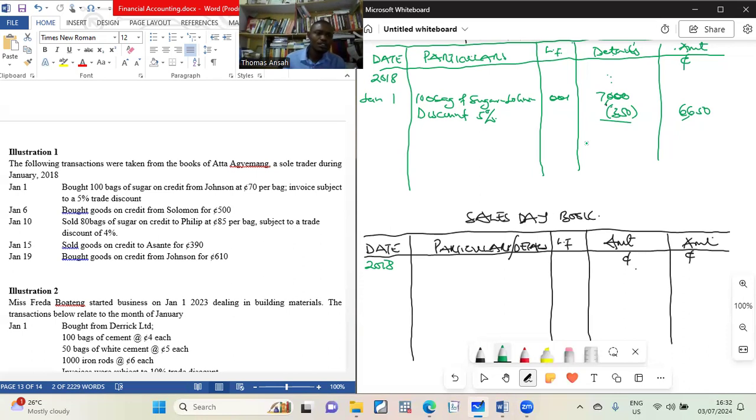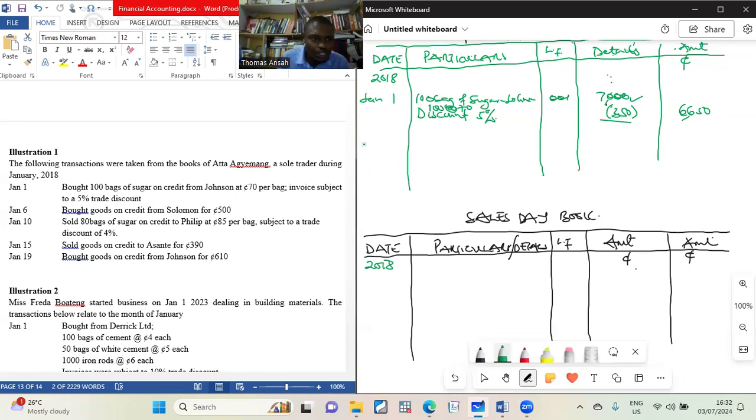Now in January 6th, they bought goods on credit from Solomon, 500. So when you are doing your description here, you say 100 bags at 70 cedis, so that the person will understand why 7,000 is here. So make sure you add that. It's very important. You don't do any lining.